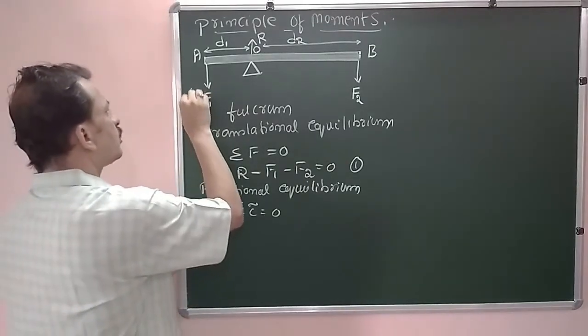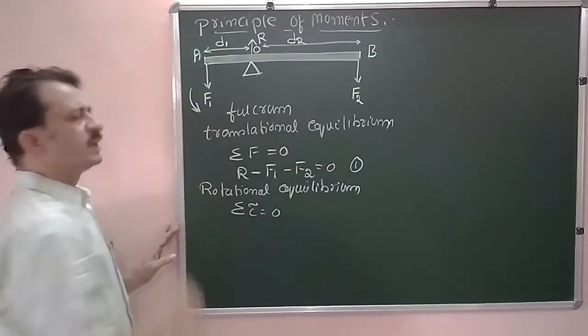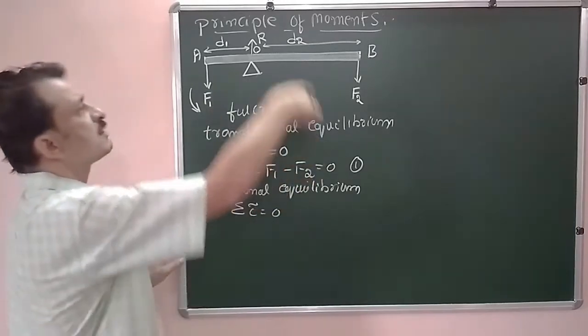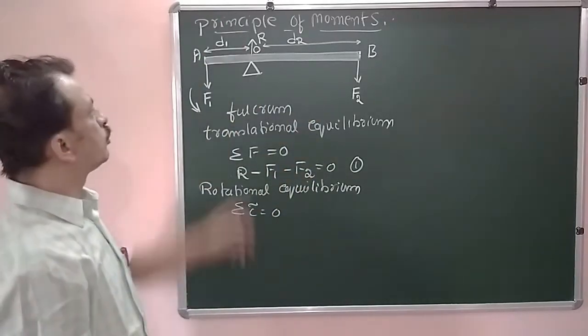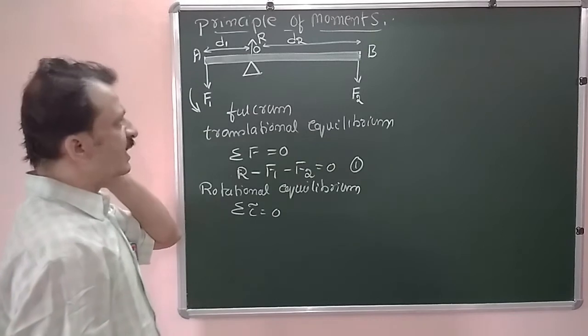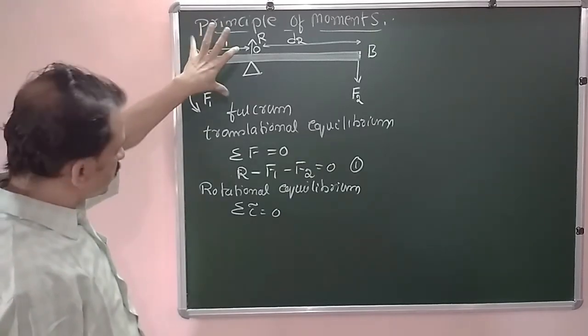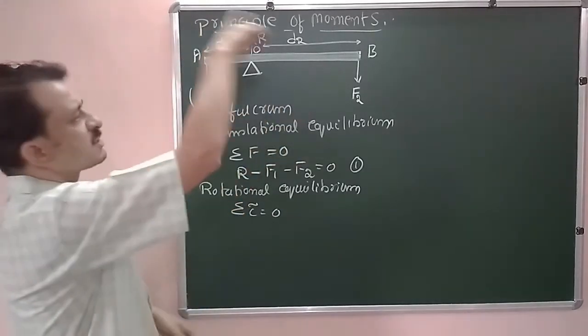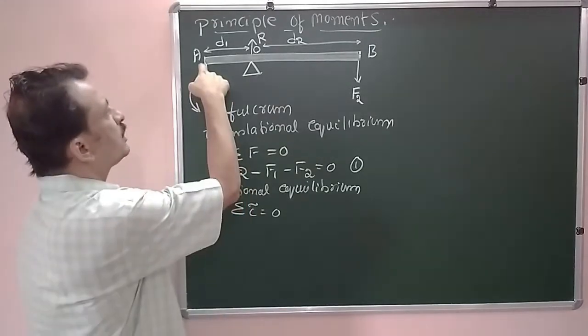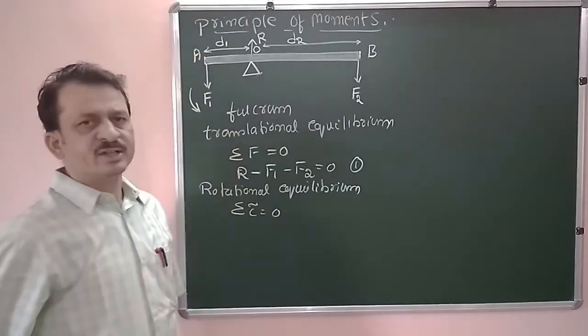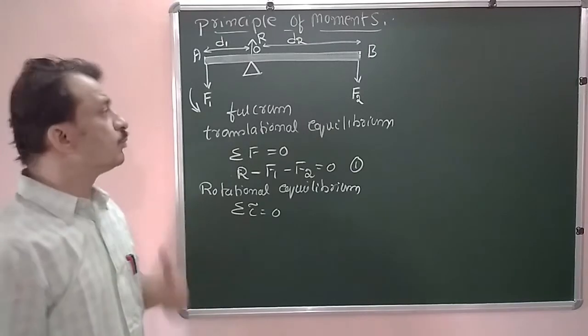Now F1 rotates the lever in the anti-clockwise direction. If only F1 is acting, then it tends to rotate the lever in the anti-clockwise direction. Therefore, the moment of force at A is taken as positive.